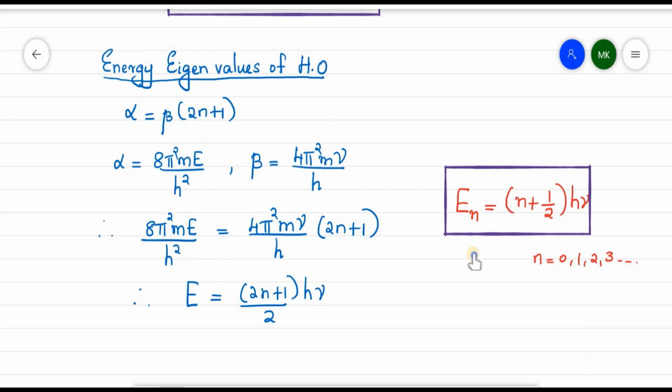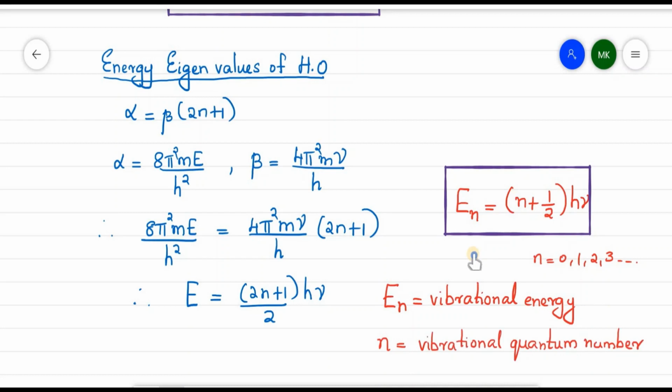And nu equals 1 by 2 pi root of k by m. The energy of the harmonic oscillator, that is En, is known as the vibrational energy, and n is the vibrational quantum number. So this shows that the energy of the harmonic oscillator is quantized, contrary to the classical view.